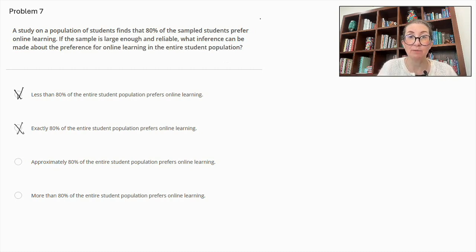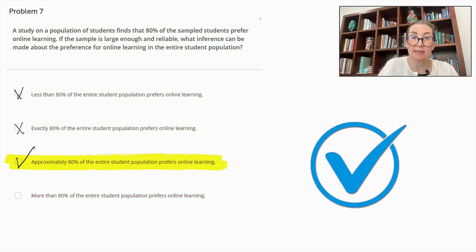Approximately 80% prefers online learning. This is the correct inference. A reliable, large sample suggests about 80% preference, with possible variations. So this is correct, and let's look at the last one.